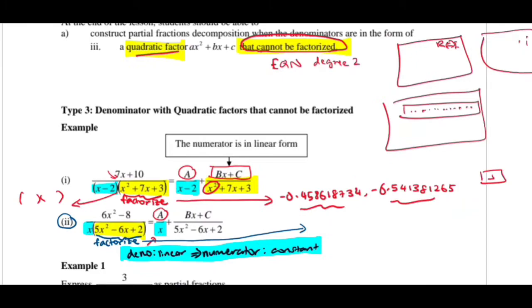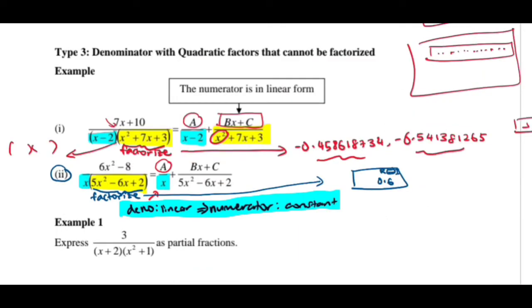After you have pressed it, the answer that you will get is 0.6, and on my calculator it's written as Ri there, on the top right hand corner. So is the answer 0.6 or is the answer imaginary? Well, the answer is imaginary, since the roots of this quadratic expression are imaginary and not real, so we cannot factorize it.